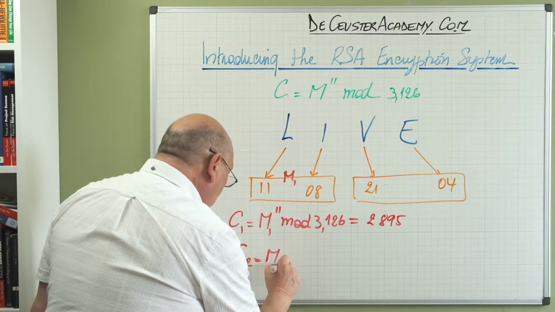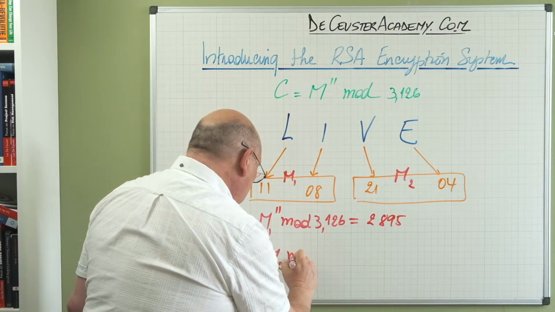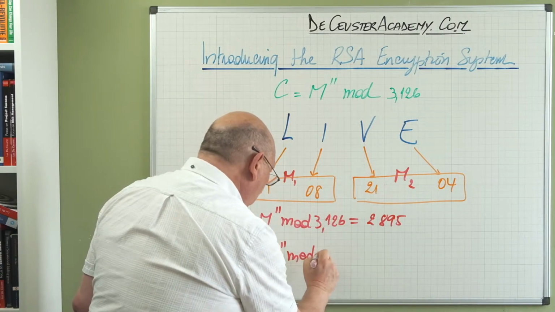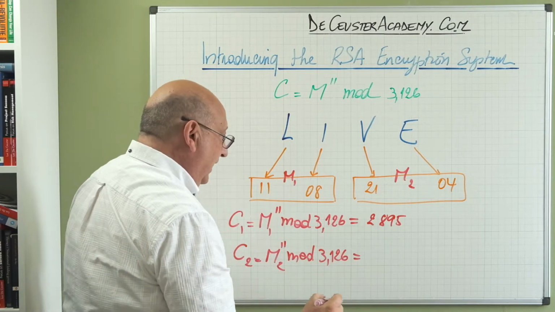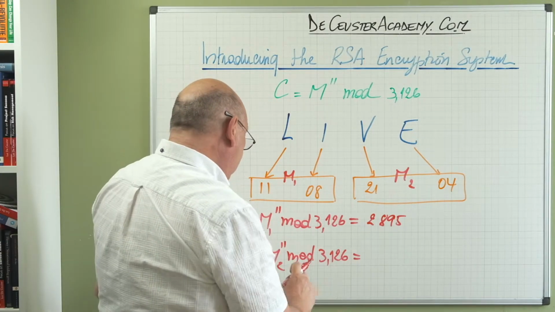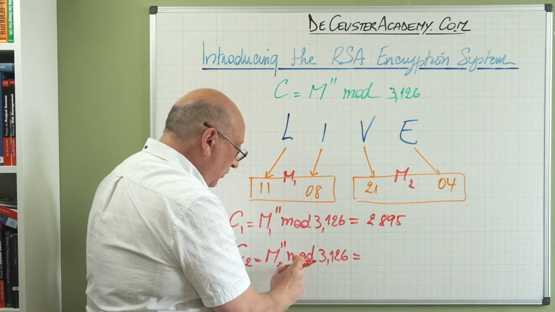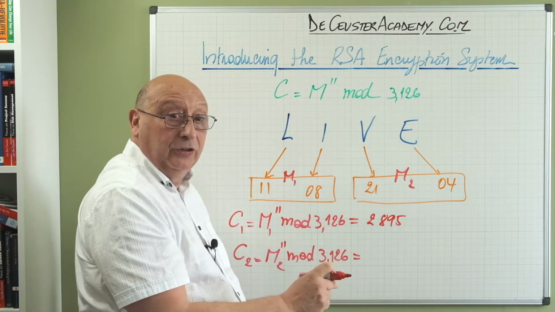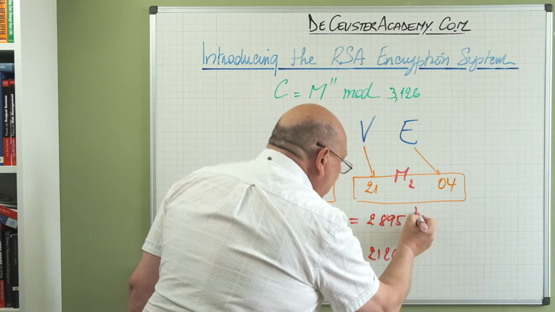C2 is M2, which is this code here, to the power 11 modulus 3127. And we find here that 2104 to the power 11 modulus 3127 is in fact 2126.